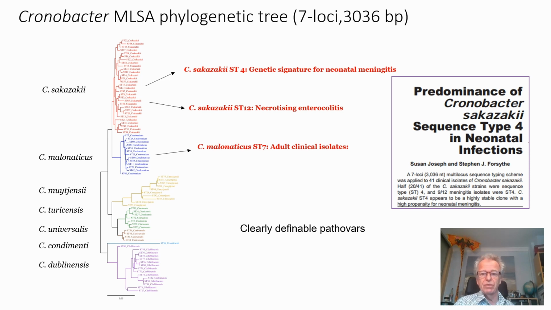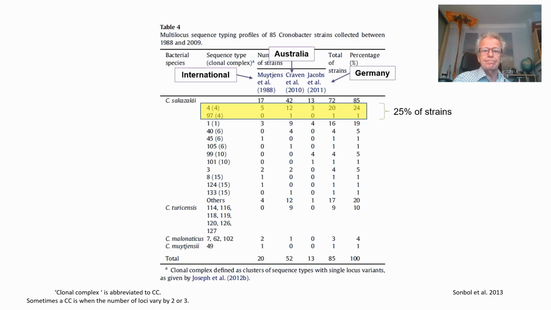So it's not just Cronobacter and maybe even not just Sakazakii. You can have a look at what is the actual sequence type. And ST4 is quite a prevalent isolate. We did analysis of 85 strains, which doesn't sound very many, but in actual fact, these strains were from various historic, well-known papers. People in Cronobacter research will recognize these papers.